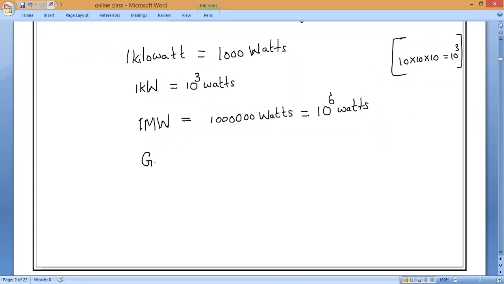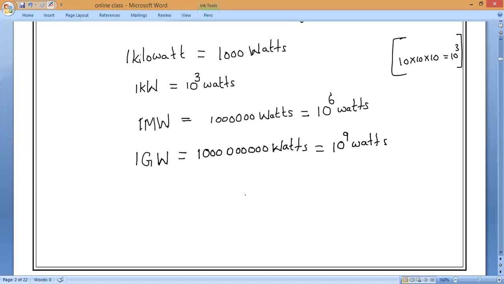Gigawatt, GW. 1 gigawatt is equal to, remember, 9 zeros, meaning 100 crores. You can get it, approximately 3 zeros, 3 zeros, and 3 zeros, watts. So tell me, 10 power 9 watts.